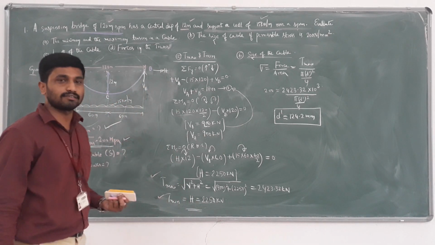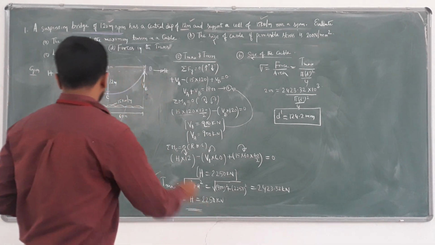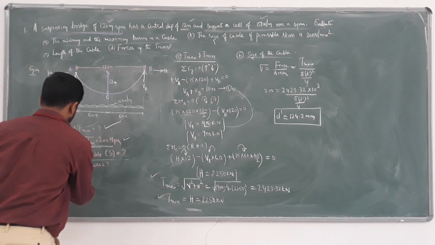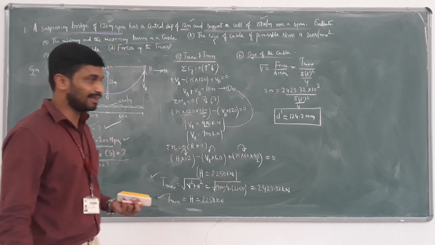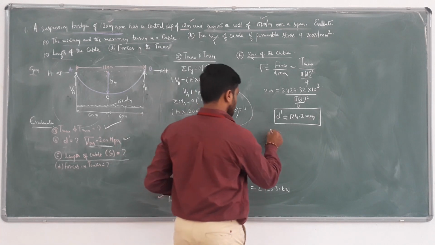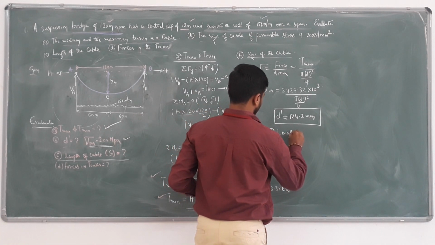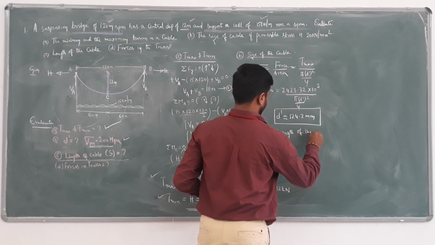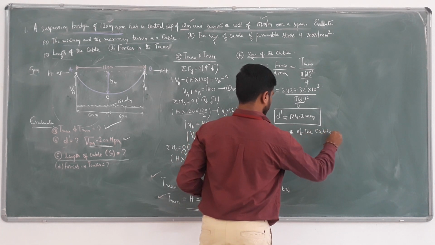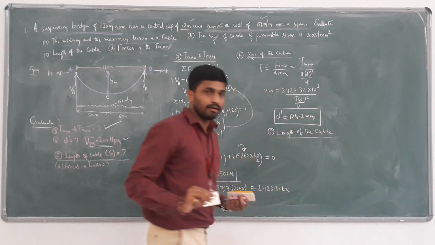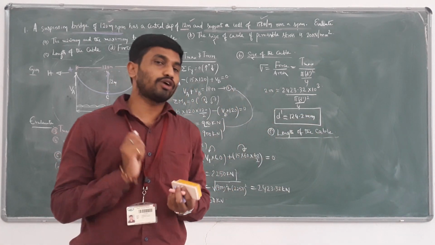So our second part is also over. Now what is the third? In the third point, we have to compute the length of the cable. Here we know that there are two cases.